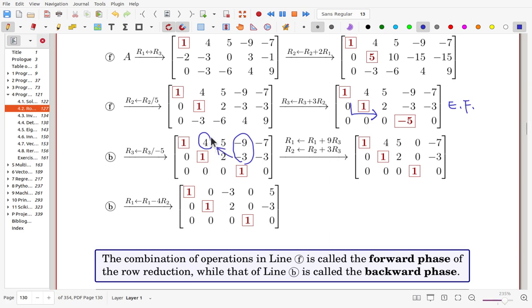This combination is called the backward phase. Okay, so through the forward phase we reach the echelon form, and through the backward phase we reach the reduced echelon form.